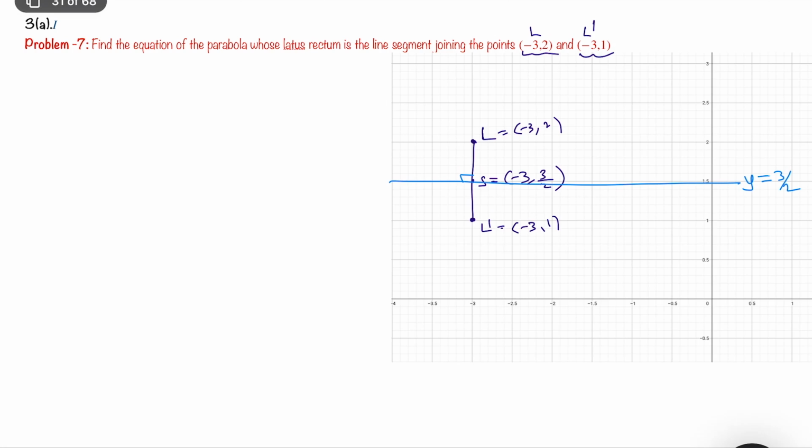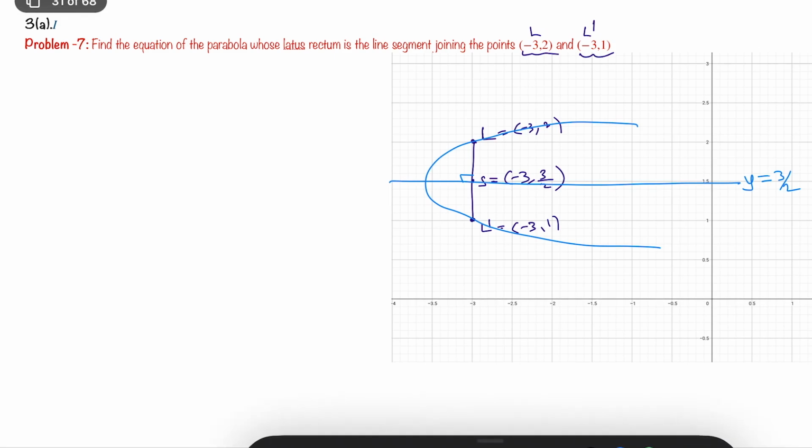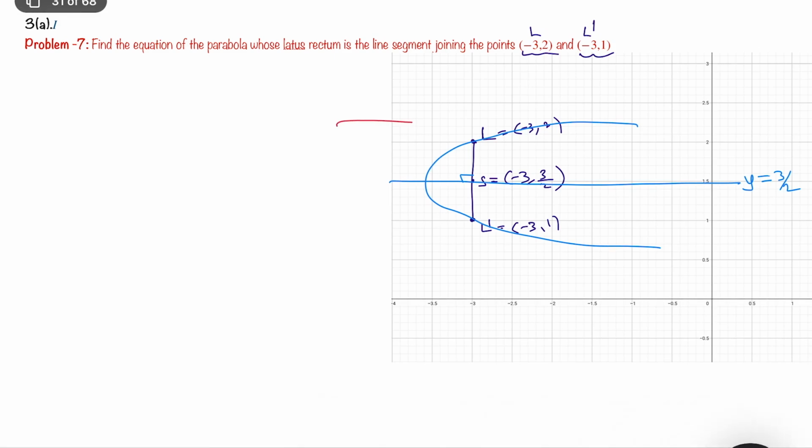So we are going to get the equation of a parabola whose axis is parallel to the x-axis. Again, there are two cases here. Our parabola might open to the right side or left side, like this or like this.